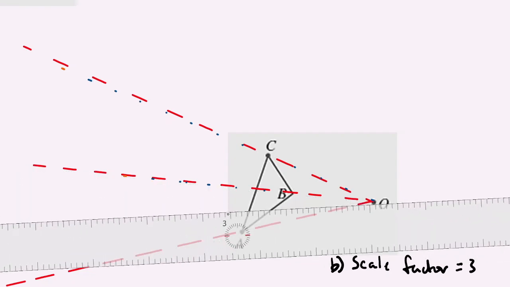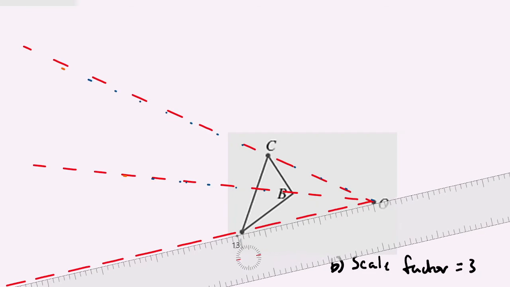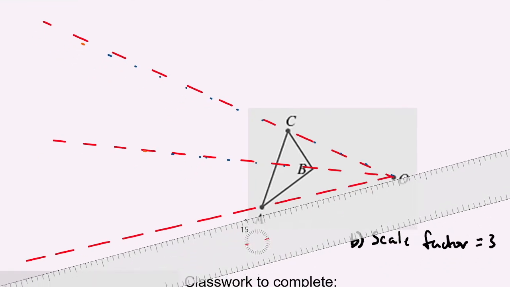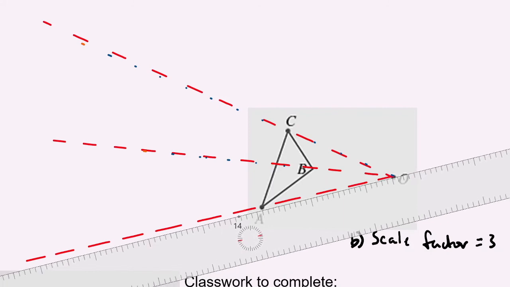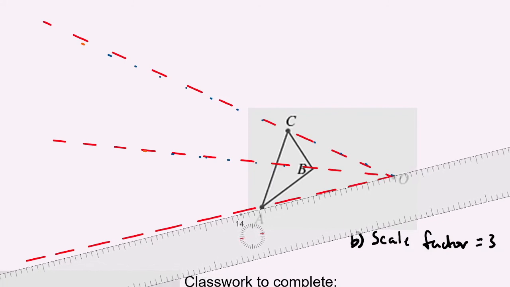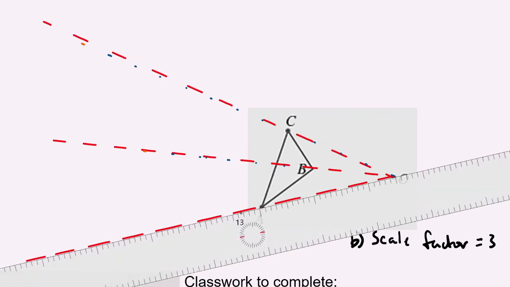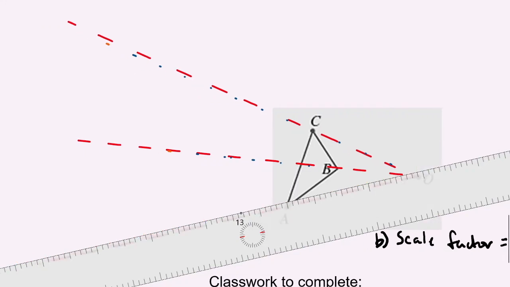And do the same for A. A is going to be a bit further, so I might need to maneuver a little bit. And you see that one's 5, so it's 3 times 5, which is 15, so I need to go to 15. So that's 5, 6, 7, 8, 9, 10, 11, 12, 13, 14, and I do need to go a little bit further.